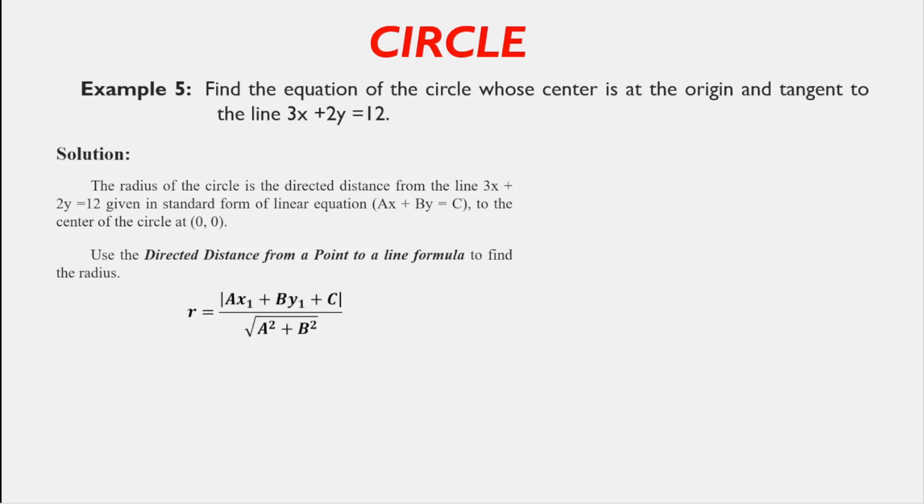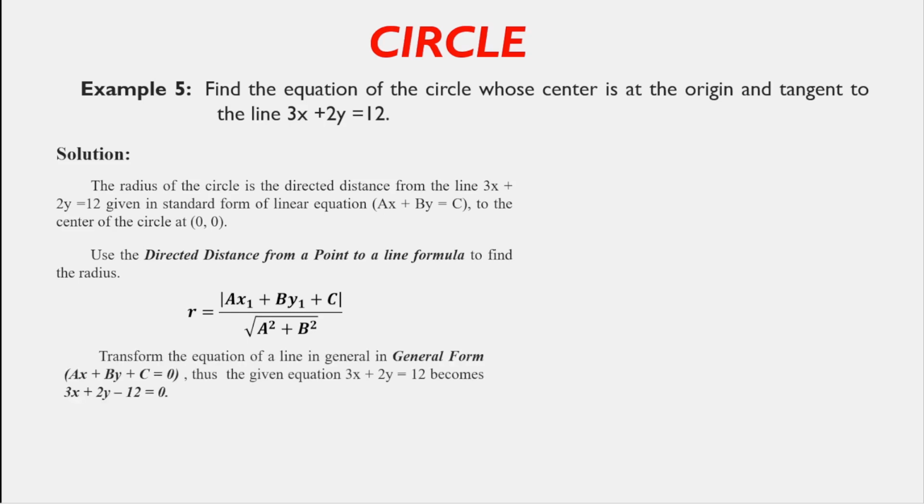So this is now the directed distance formula from a point to a line. The radius is equal to the absolute value of a x sub 1 plus b y sub 1 plus c divided by the square root of a squared plus b squared. So transform the equation of the line to general form ax plus by plus c is equal to 0.